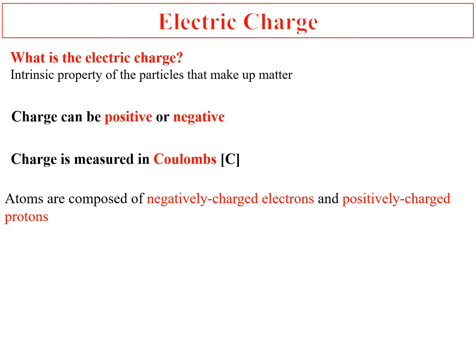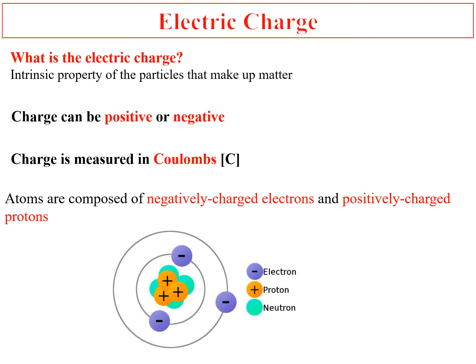Atoms are composed of negatively charged electrons and positively charged protons. We know that electrons move in orbits around the nucleus. The electrons are negatively charged, and the nucleus has a positive charge.